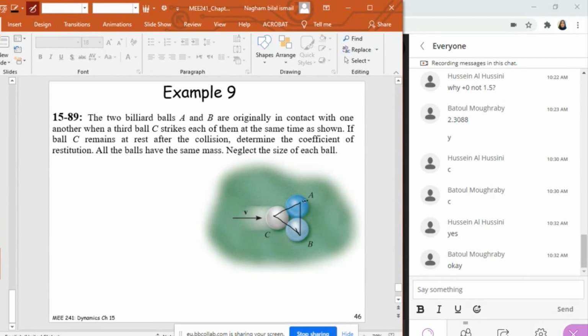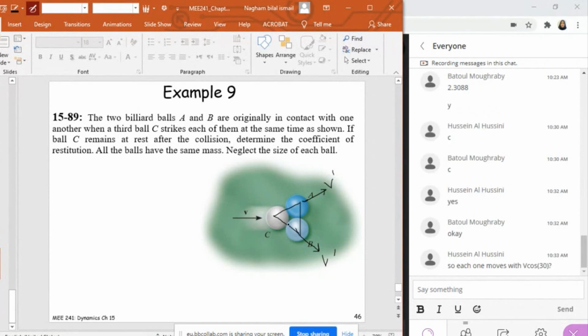Then from symmetry, A will move with a velocity v prime that is equal to the velocity of B. So B also will move with a velocity of v prime, right? Because this is from symmetry. I have a ball C that is symmetrically colliding with A and B, so both of them will move with the same velocity. Now, since this is an equilateral triangle, and if I take this 90 degrees, this will be 30, all right?